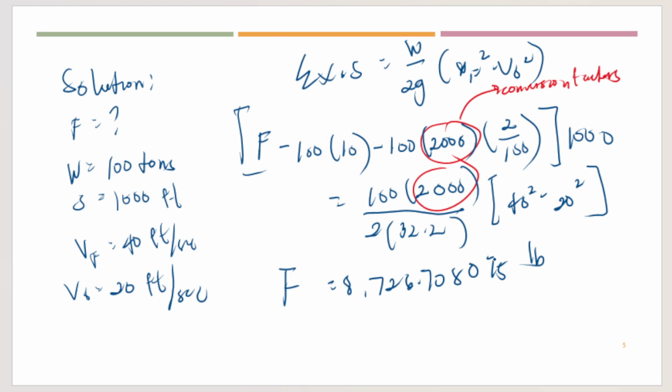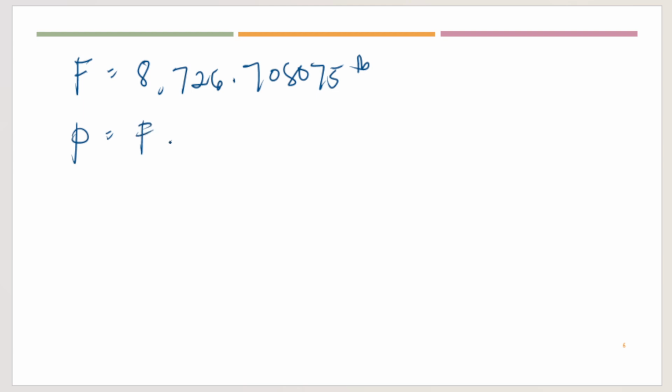Okay? So, to compute for power, what was our F again? The force we computed is 8,726.708075 pounds. So, our power is force times velocity.